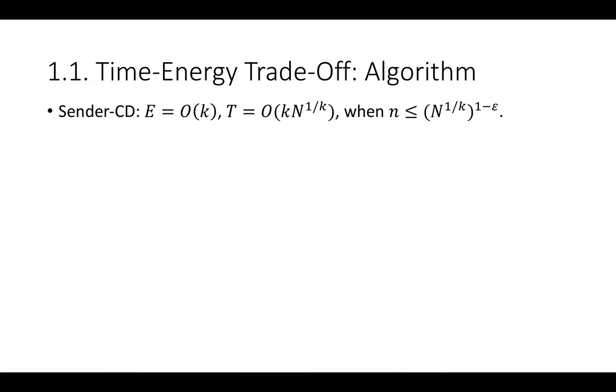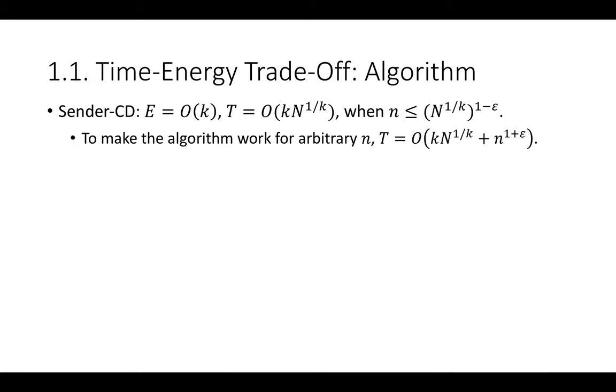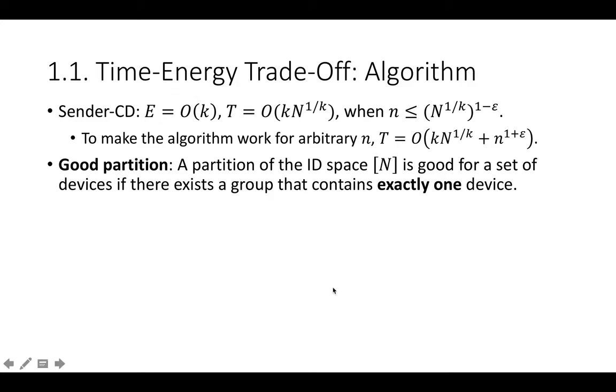This algorithm holds when the number of devices is bounded by n to the 1 over k to 1 minus some constant. And in order to make this algorithm work for arbitrary number of devices, we will lose this small n to the 1 plus epsilon factor in the final running time.